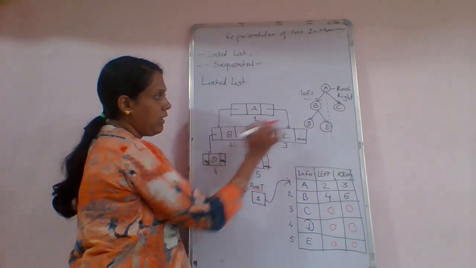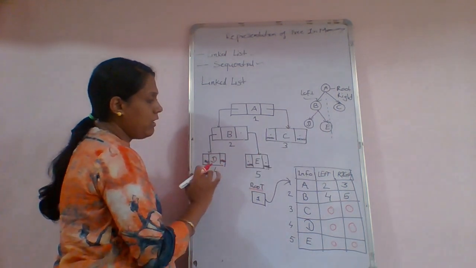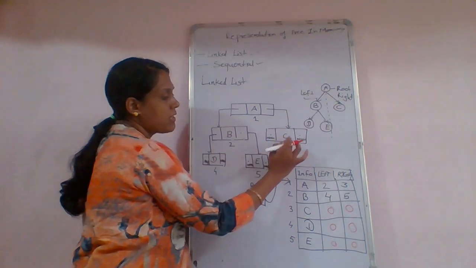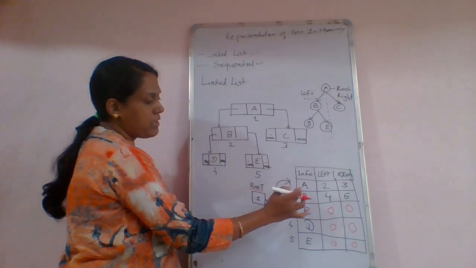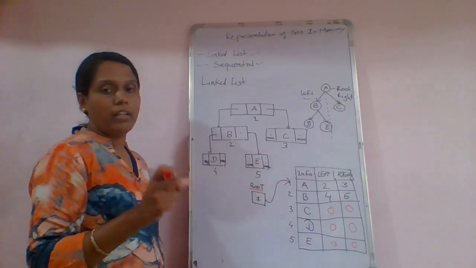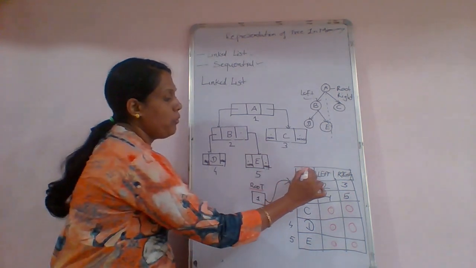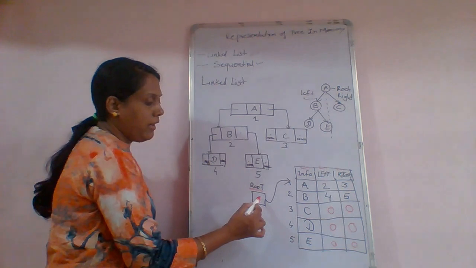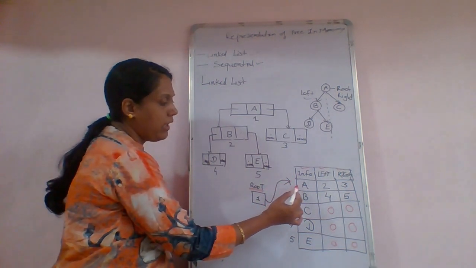Left is B. Again for the left of B, D is at the left side and E is at the right side. And the right part of A is C. Okay. Now when we represent the tree data structure in a linked list, we require three arrays: info, left and right. So root is the starting point of the tree. It will point to the first, that is A.